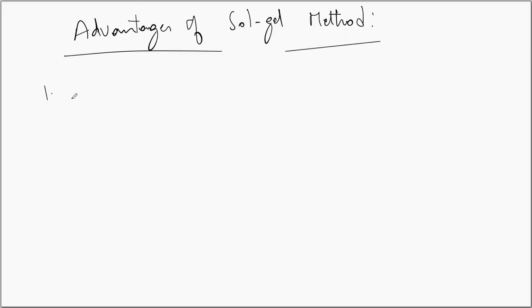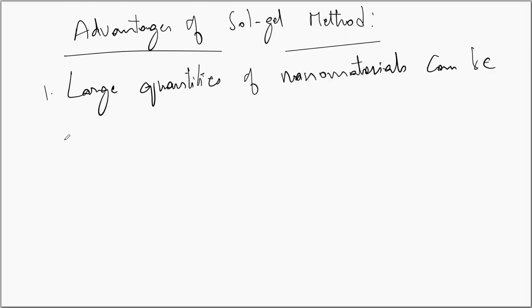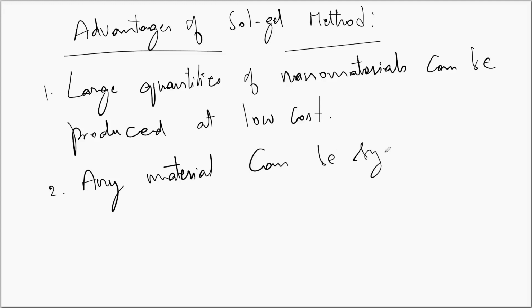There are certain advantages of the sol gel method. Using the sol gel method, one can produce large quantities of the nanomaterials at relatively low cost. Using the sol gel method, one can synthesize almost any material. Thirdly, co-synthesis of 2 or more materials simultaneously is possible.